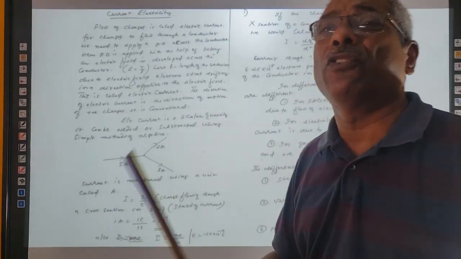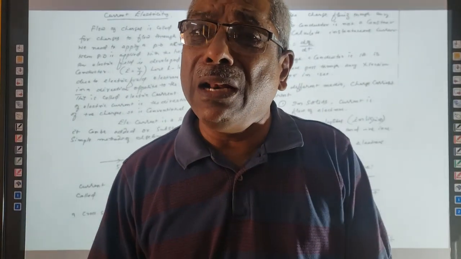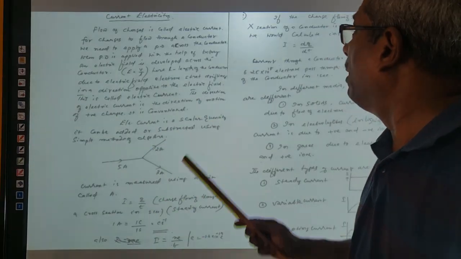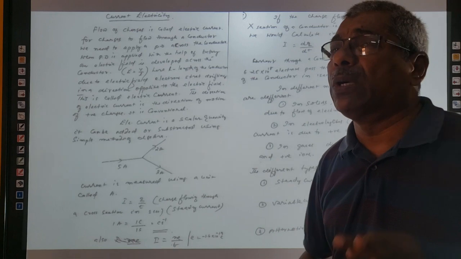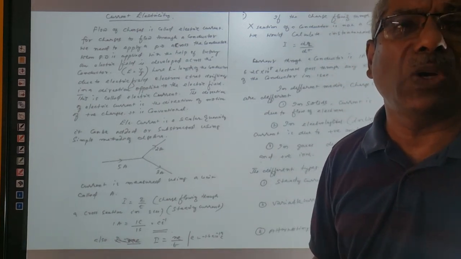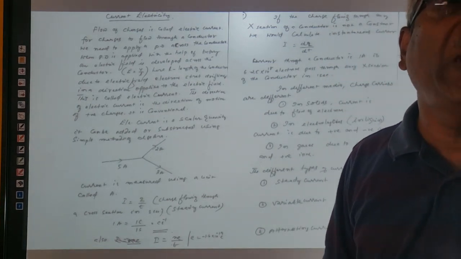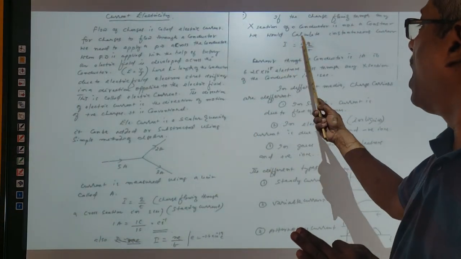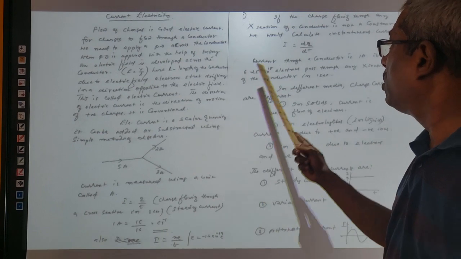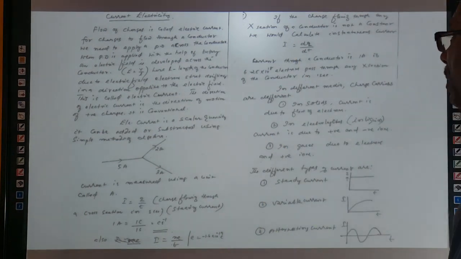That means the amount of charge is varying with time. In that situation we calculate the instantaneous current, the amount of current through any cross section of the conductor at a particular instant of time. That is given by I is equal to dq by dt. This relation is also a very important relation.